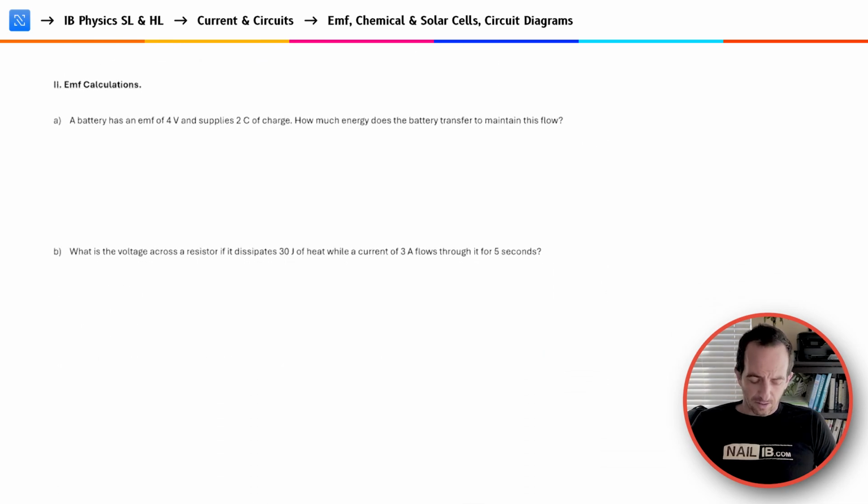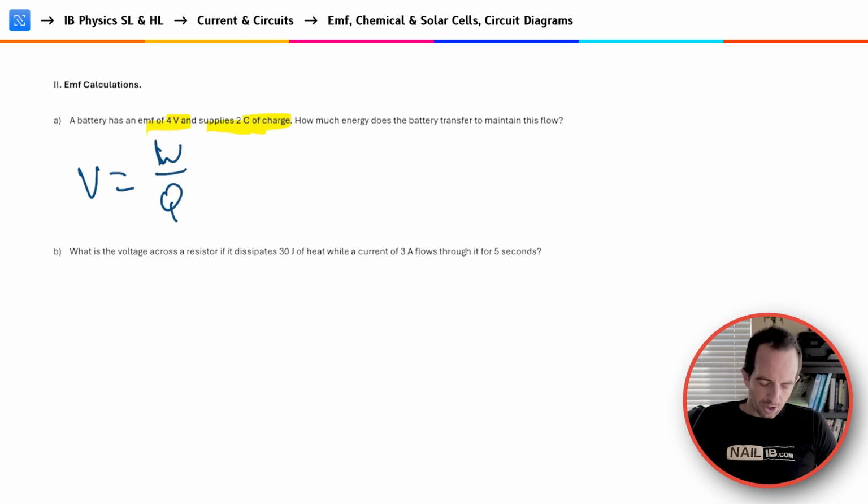Let's get started with one question with EMF calculations that you might see on test day. Here they tell us a battery has an EMF of 4 volts and supplies 2 coulombs of charge. How much energy does the battery transfer to maintain this flow? So what do we know? From the earlier videos, and from the data booklet, we know that voltage is equal to energy or work per charge.